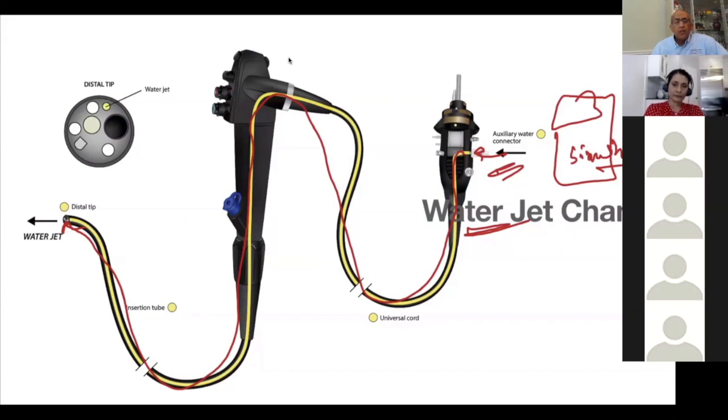And you know that the water jet channel cannot be brushed to get rid of the residue of simethicone. So that's why we stopped using simethicone in the water jet and instead put simethicone from here through the biopsy channel, and that biopsy channel can be brushed and flushed. So something to keep in mind.